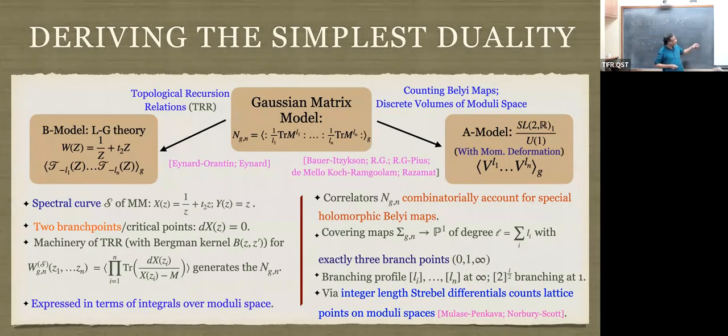So if you were to think of a matter theory coupled to 2D gravity, then you can do the integral over the matter part and be left with an integral over the 2D gravity modes of moduli space. And that matter part will be essentially localized onto these 2 critical points.